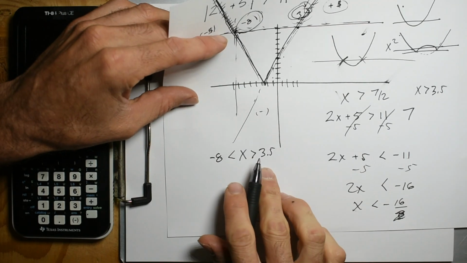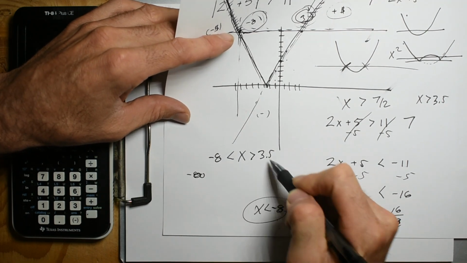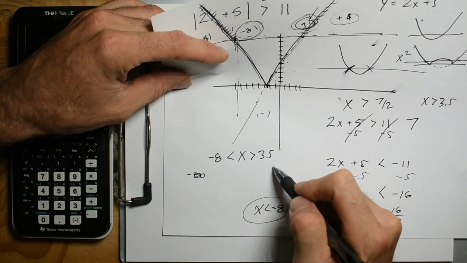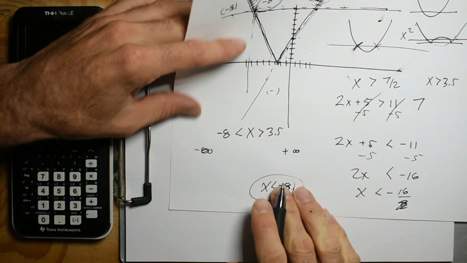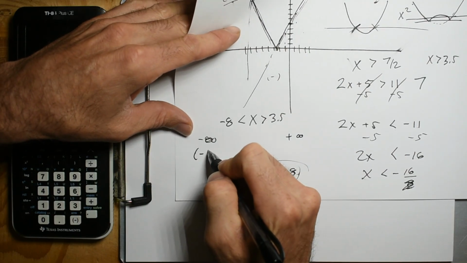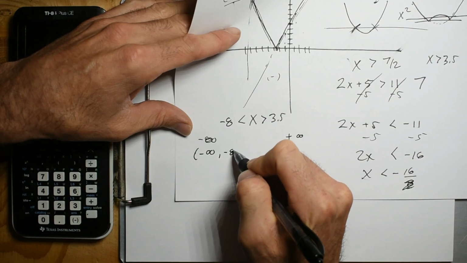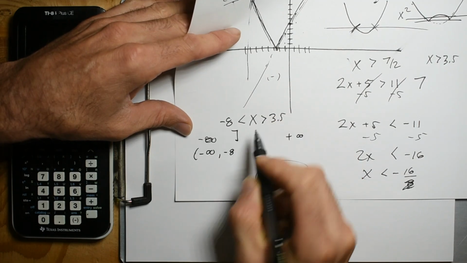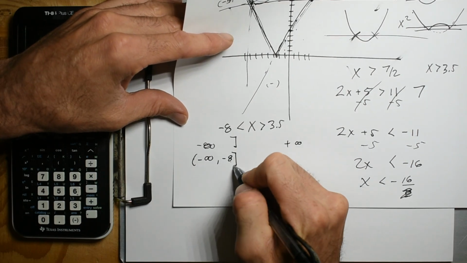So this is what we had here. Now I could have negative infinity, like that works, and I can have x is greater than, and I can have positive infinity. So to write this, I would have negative infinity to negative 8. It's not bracketed in. Bracketed in means I get to include negative 8. This has to be greater than 8.